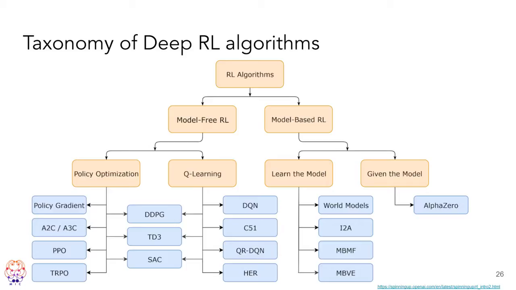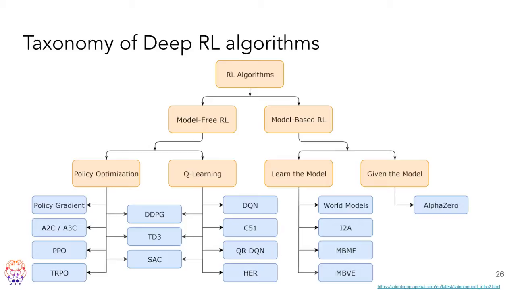That's basically what model-free learning is, and you can split that into policy optimization and Q-learning. Policy optimization is basically you start with a random policy, so you do random things at random states, and then you slowly iterate that policy so that next time you know that going left is better than going right, and you weight that higher.